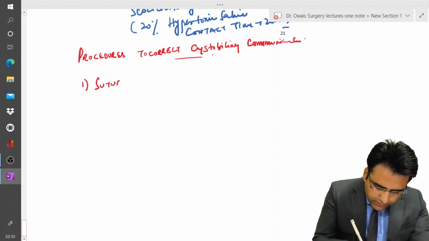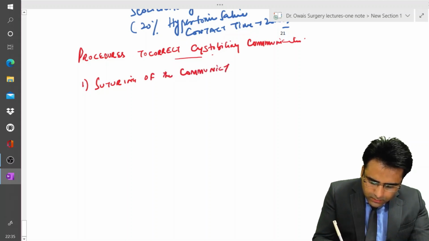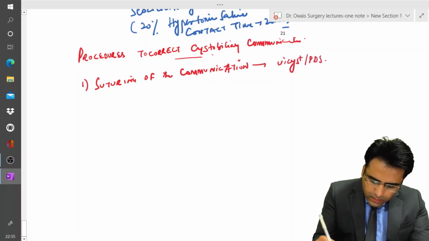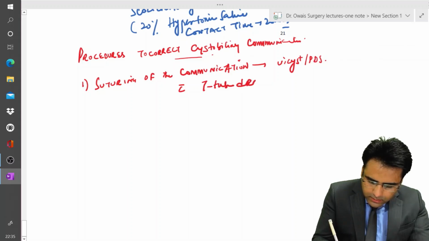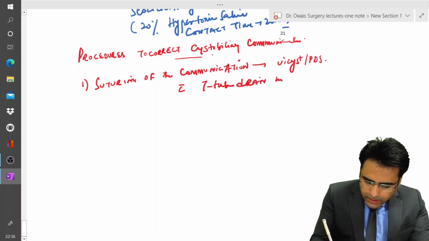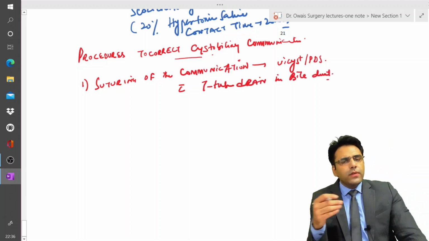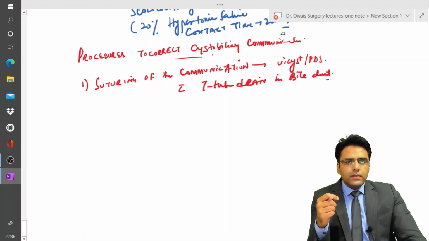First is suturing of the communication with the help of Vicryl or PDS, with placement of a T-tube drain in the bile duct. So the first modality to treat this cystobiliary communication and obliterate the cavity is suturing with Vicryl or PDS, and then we place a T-tube in the common bile duct.